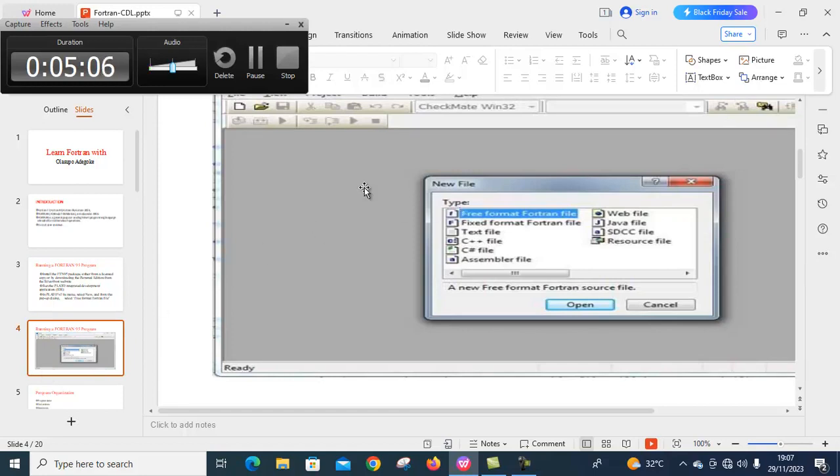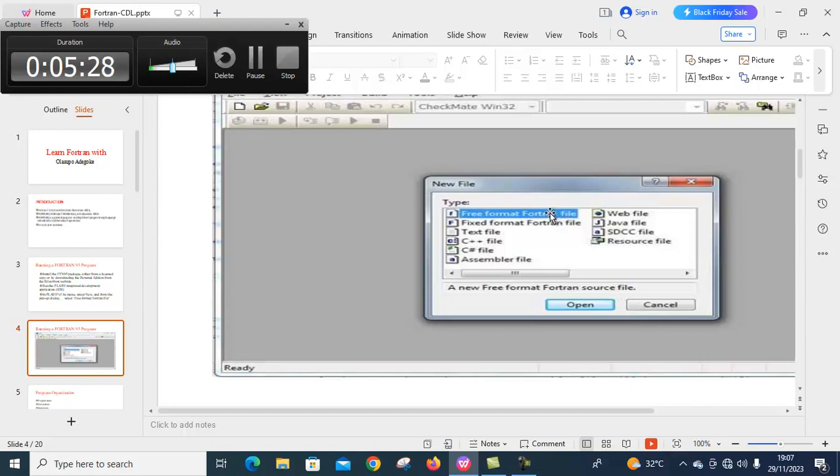There's the Plato IDE platform. Just as I've just said, you select free format Fortran file.